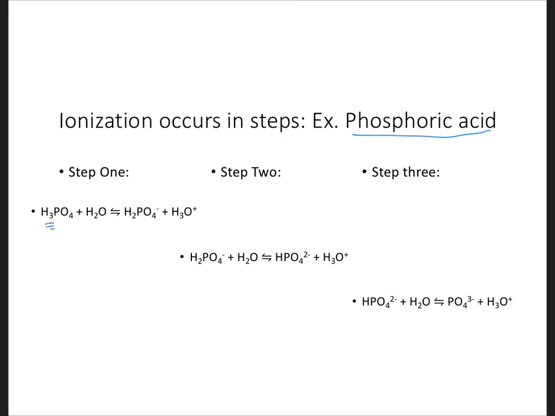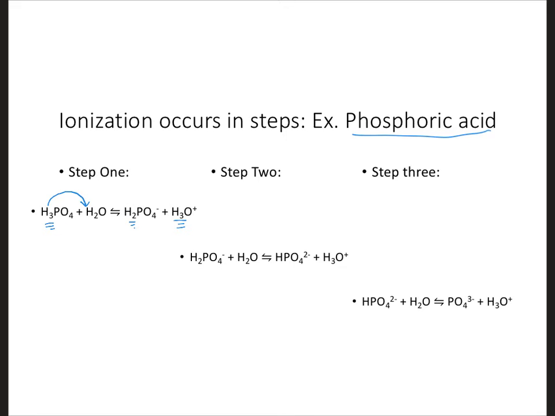Step 1 would be the loss of the first proton. If you mixed phosphoric acid with water, one of these protons would jump off of phosphoric acid, jump onto water, and that would give us H3O+. As a consequence, H3PO4 would now become H2PO4-. So that would be step 1.